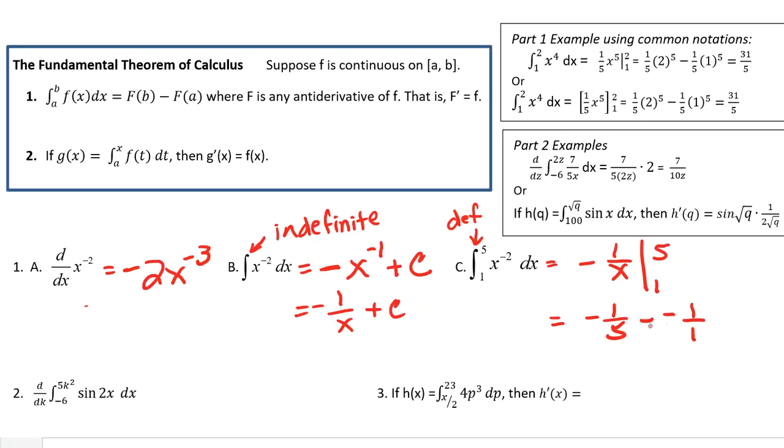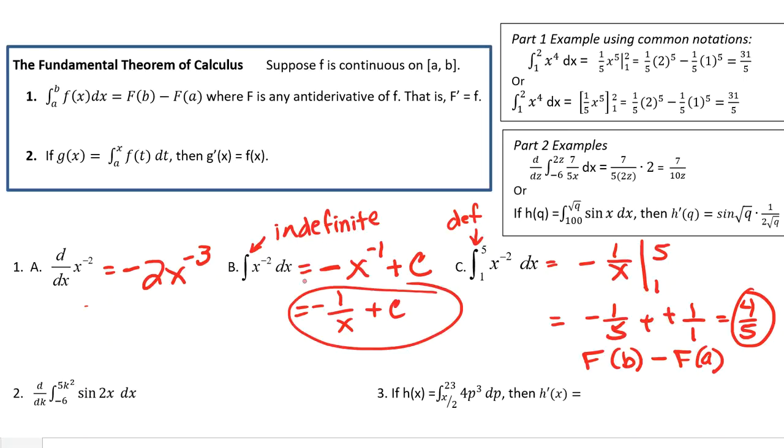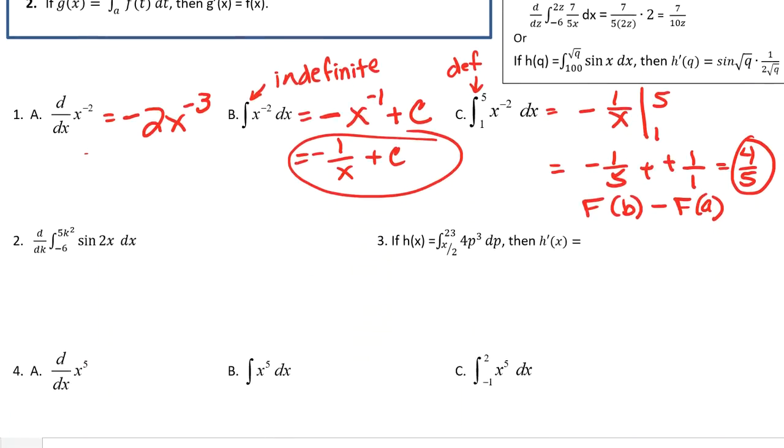So this is our antiderivative at b minus our antiderivative at a. So our fundamental theorem here. So we're going to come up with 4/5 as our area. So remember that in an indefinite integral, we get an expression or a function as our answer. And in a definite integral with constants, we will get an area.